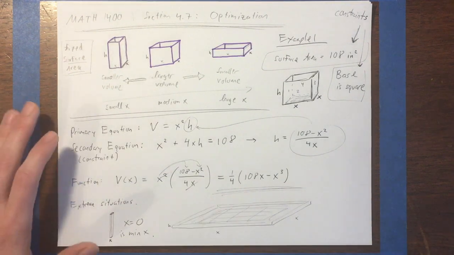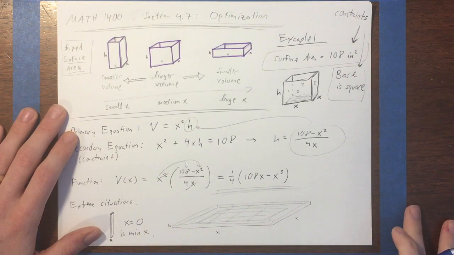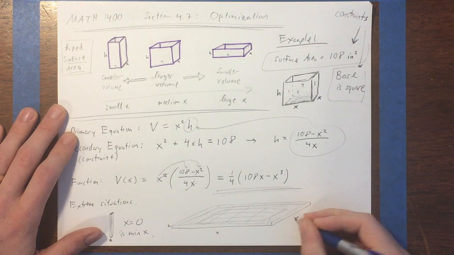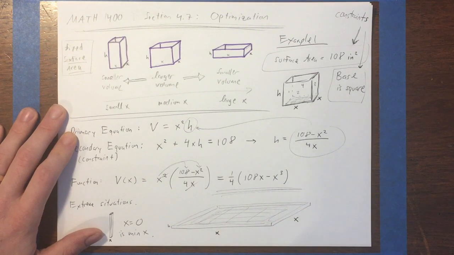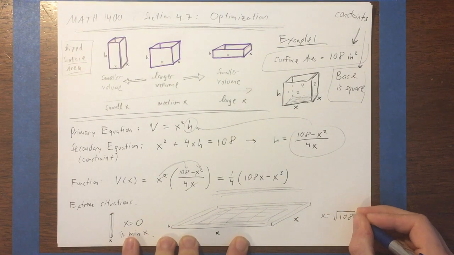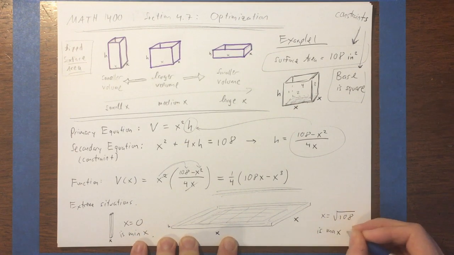Like it's approaching 0 surface area on the sides. So the entire 108 square inches should be taken up by the base, which is just this rectangle. It's a square, actually, because it's x by x. So what x value would achieve that? Well, if it's a square of area 108, the side x is going to have to equal the square root of 108, and that is going to be our maximum x.